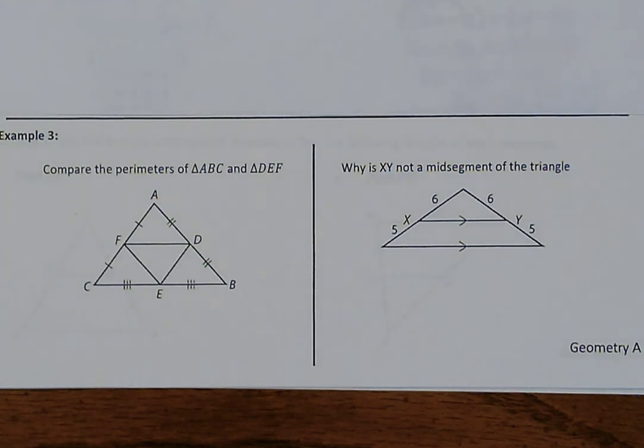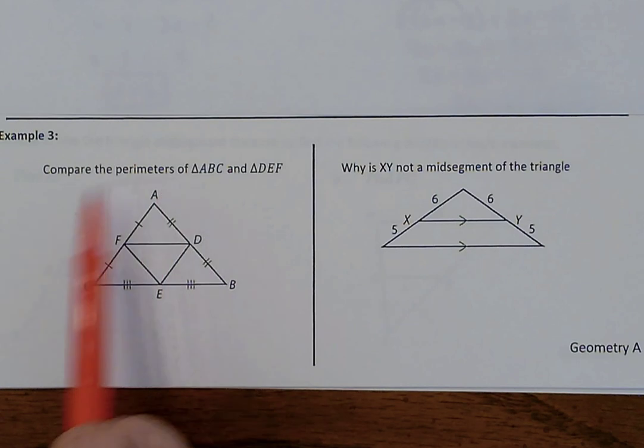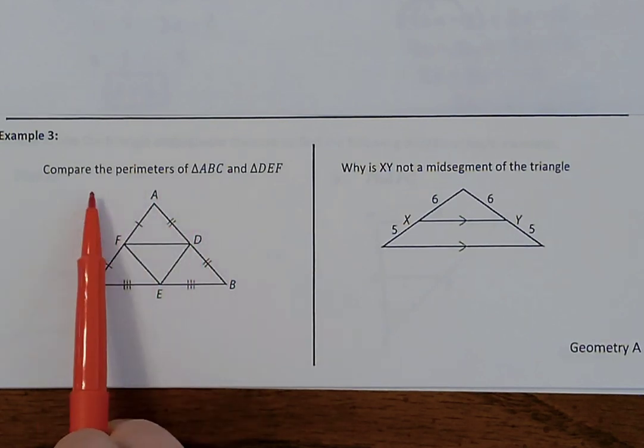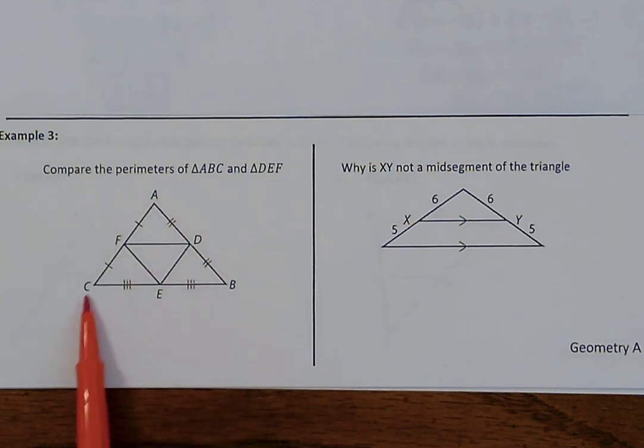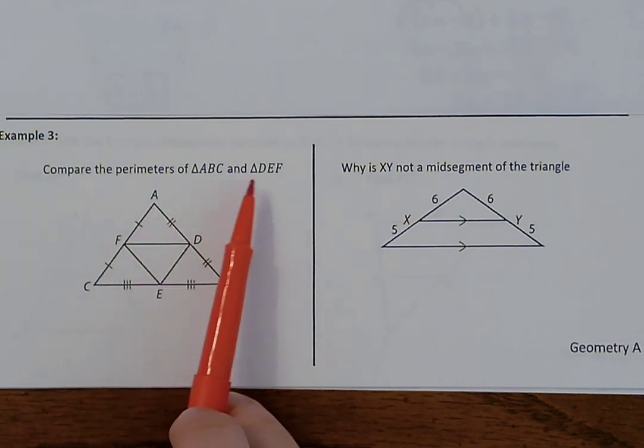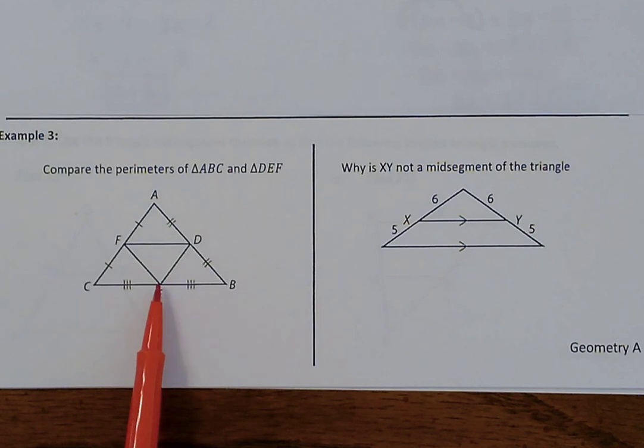So for example 3, this part right here wants us to compare the perimeters of triangle ABC, so the whole larger triangle, and triangle DEF, which is considered the midsegment triangle.